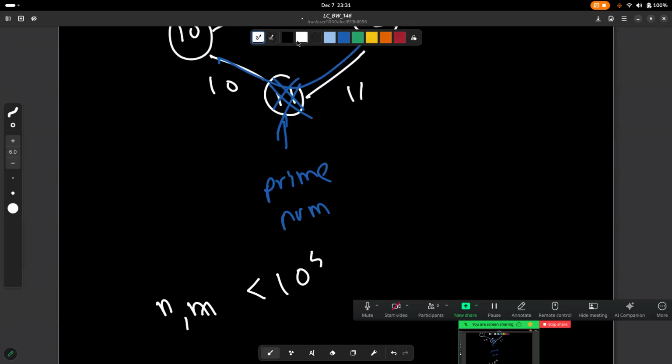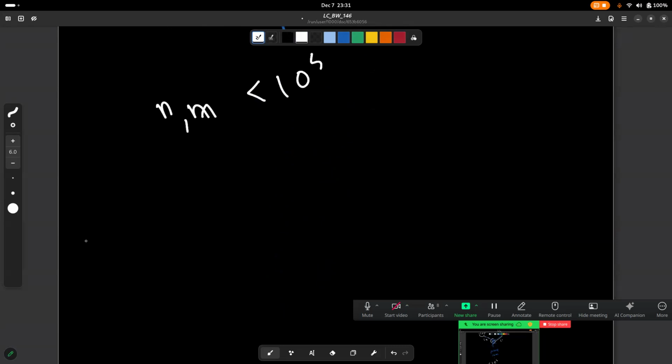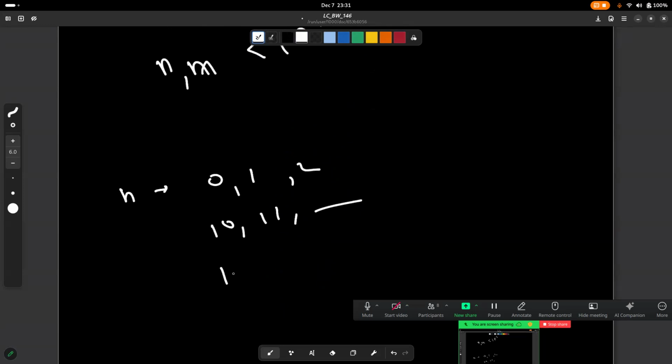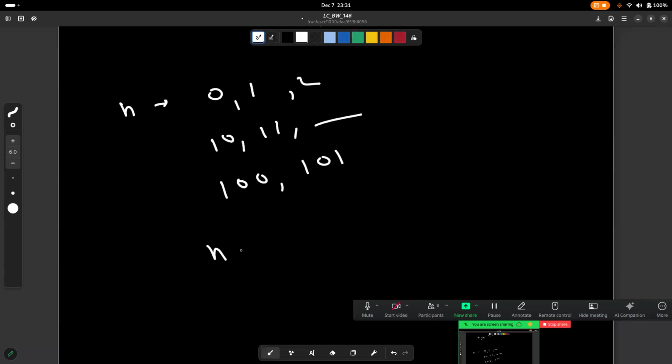So n can be something like a 1-digit number 0, 1, 2, or a 2-digit number 10, 11, or it can be a 3-digit number 100, 101 or something. But n will always be less than 10 raised to power 4, which is 1, 2, 3, 4 digits, so at most a 4-digit number.